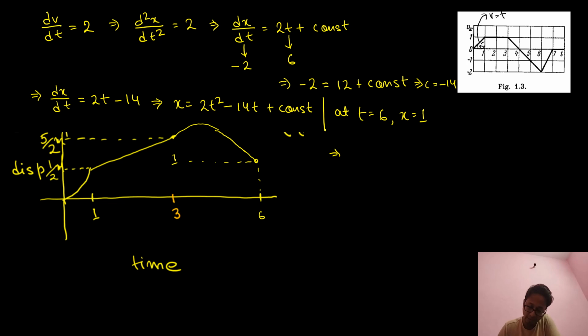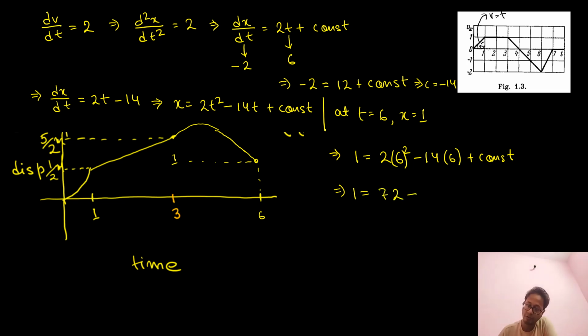So if we apply the equation out here, 1 equals 2 into 6 square minus 14 into 6 plus constant. 6 square is 36, 36 times 2 is 72. 14 into 6 is 84. So 72 minus 84 plus some constant.